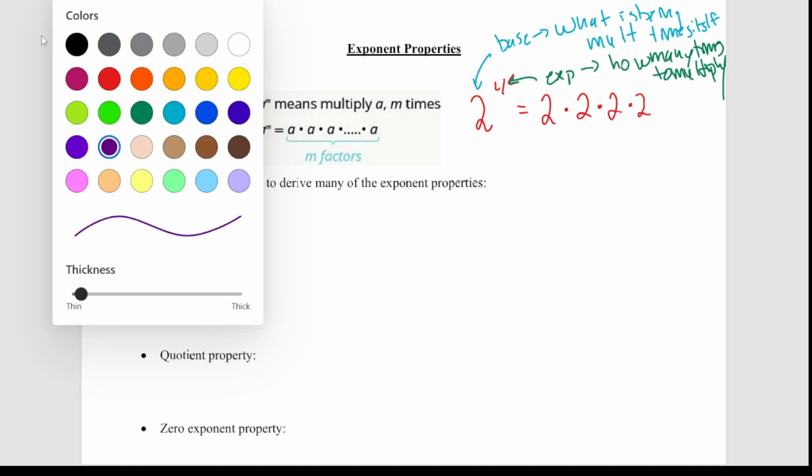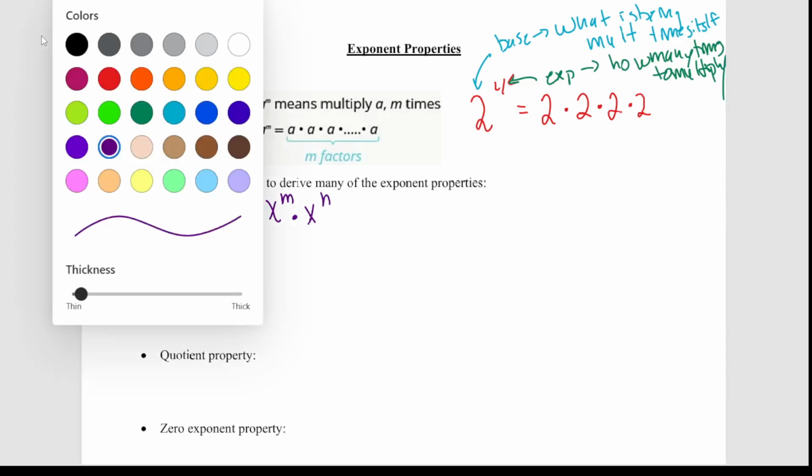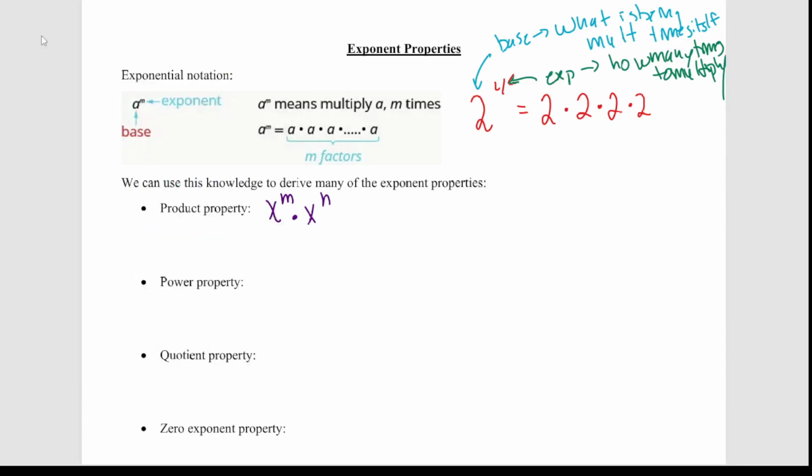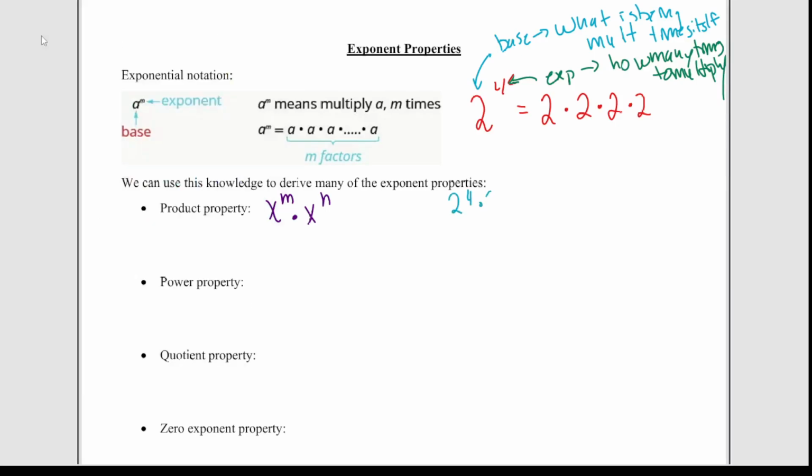For the product property, that's getting at this fact: what if I have x to the m times x to the n? Well, let's rederive it with something a little bit more concrete. What if I had written 2 to the 4th times 2 to the 2nd? That literally means 2 times 2 times 2 times 2 times another 2 times 2, because I have 4 2's times 2 more 2's.